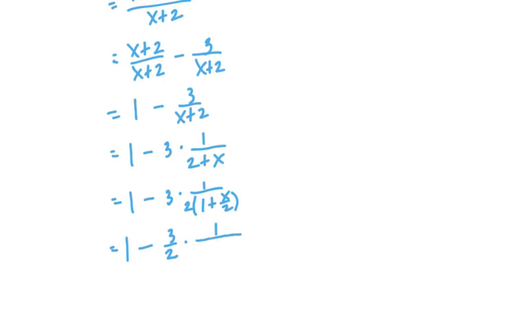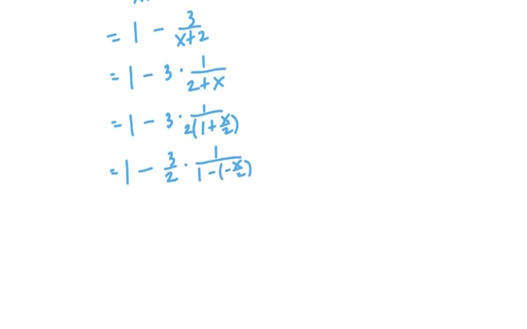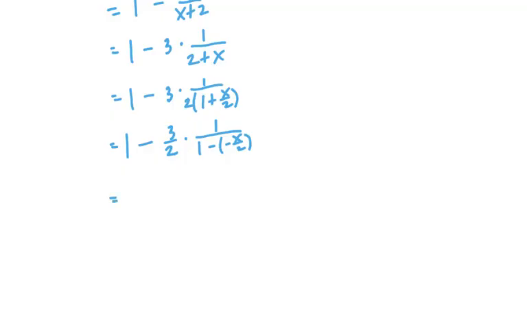And then we have 1 over 1 minus negative x over 2. And that's our power series set up. So we have 1 minus 3/2 times the series from 0 to infinity. And we have negative x over 2 to the n power. So we have 1 minus the series from n equals 0 to infinity.